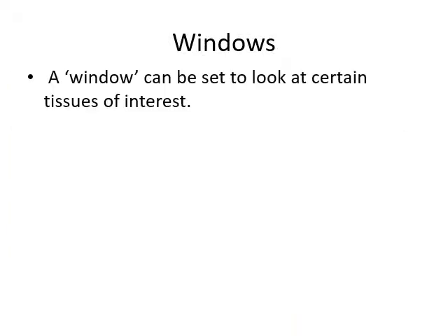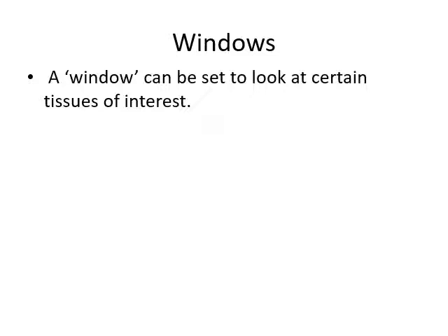Okay. So what we can also do when we're looking at the scans is change the window. What a window is, it's the way that they set the machine so you can look at certain tissues of interest. So you can say, I want a brain window, and then they adjust the measurements or adjust the buttons, and the image is going to be concentrated on the brain.